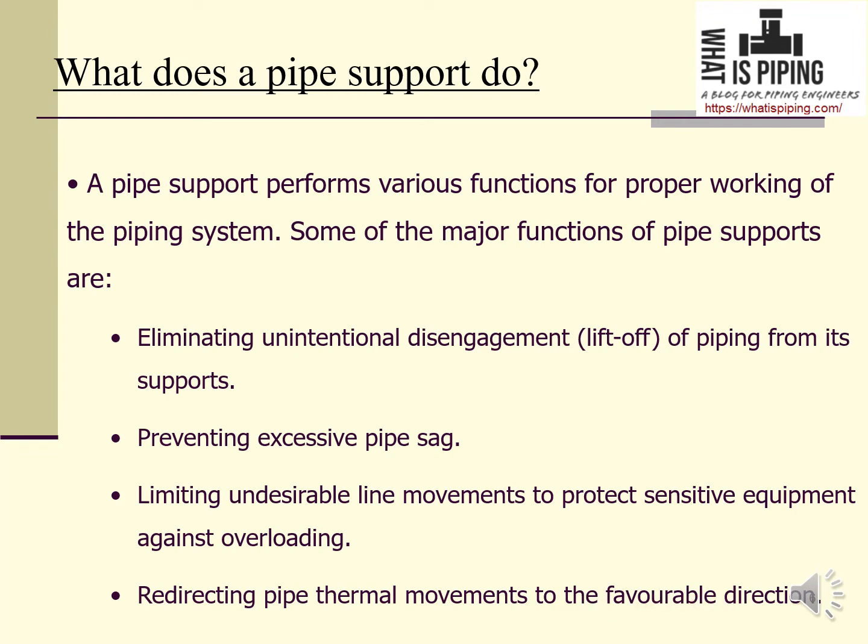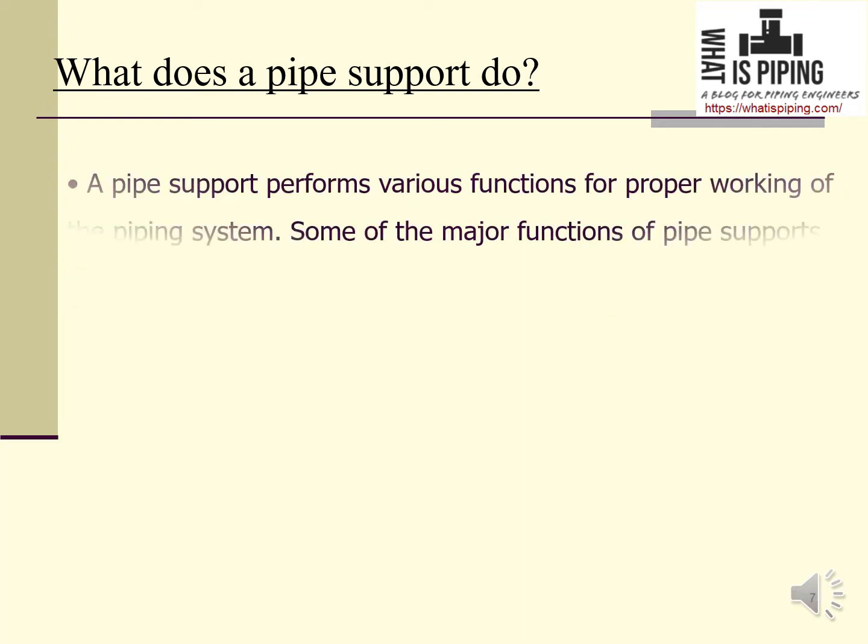Normally piping expansion loops are provided and we want to transfer the maximum of the displacement within this loop. So we can easily redirect these thermal movements by providing or selecting proper pipe supports. So all these are the functions of pipe supports.